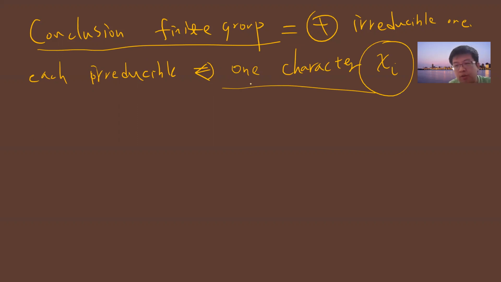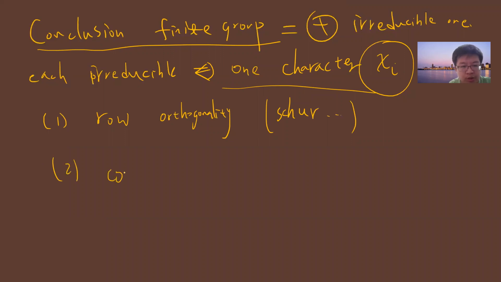And this character has two properties. One is the row orthogonality, also called the Schur orthogonality. And also the column orthogonality, which I spent like 30 to 40 minutes on, just to prove it.